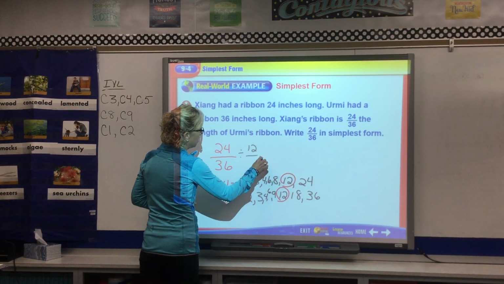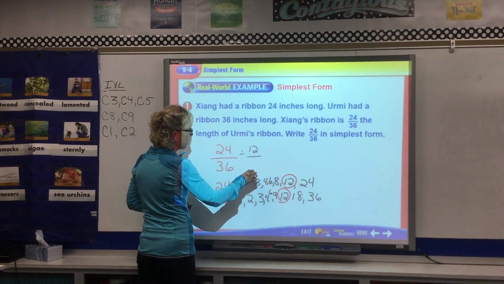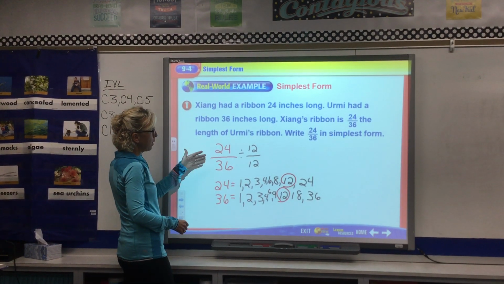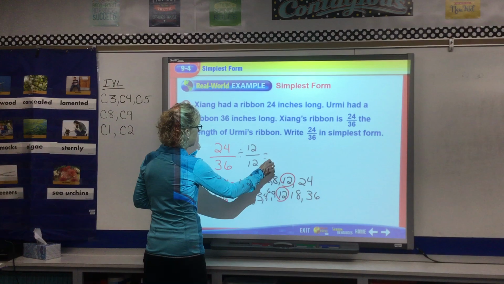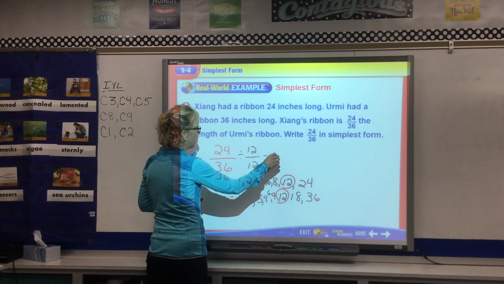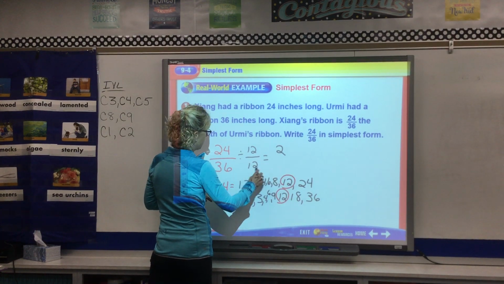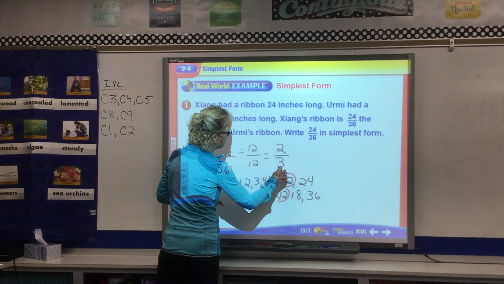And again, as we learned in a previous lesson, 12 over 12 is the same as 1, so we are just renaming it. So 24 divided by 12 is 2, and 36 divided by 12 is 3.